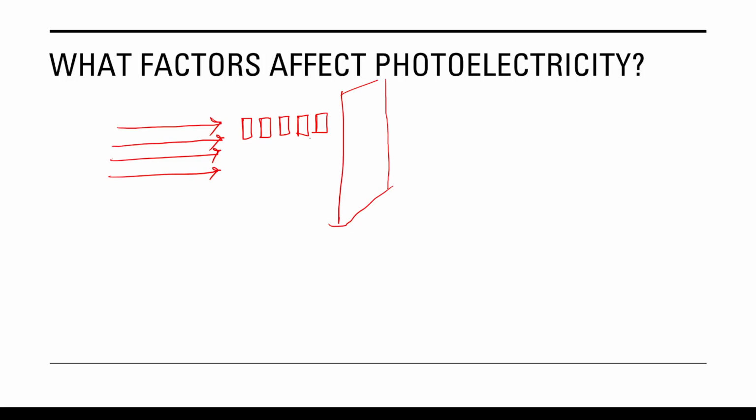That means it has suitable energy. Now this one photon goes and knocks off this electron, which is bound to the metal. If it is bound, would it require some energy? What kind of energy does it require? That energy is called the work function.